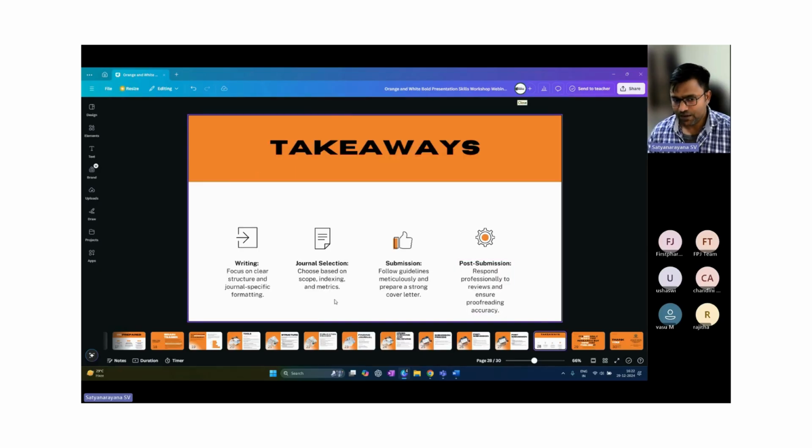The main takeaway is that the important thing is actually writing the paper. It depends upon the journal, on what the journal is going to accept. According to that you need to structure your paper. While selecting the journal, always choose one that lies in Q1 or Q2, because if you want to go for the best universities or institutions, they will always choose Q1 or Q2 journals.